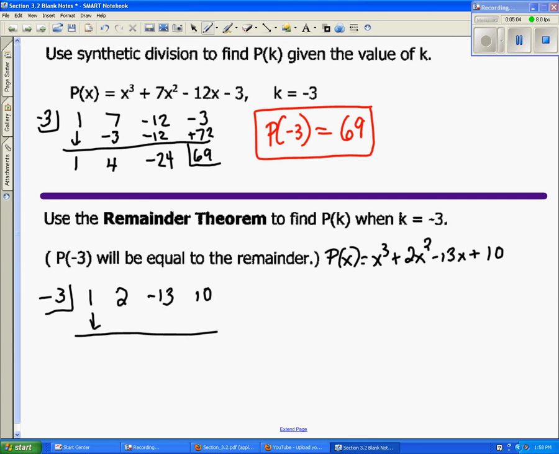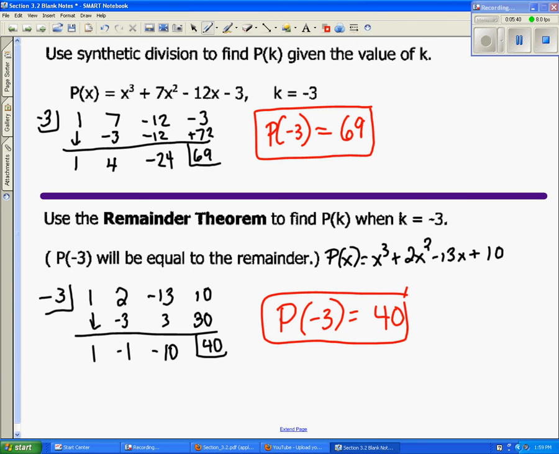Now we're going to set up synthetic division, drop the first, multiply, negative 3 times 1 is negative 3, add down, multiply, negative 3 times negative 1 is positive 3, add down, start over, negative 3 times 10 is negative 30. My remainder is 40, so that tells me that p of negative 3 for this polynomial is equal to 40.